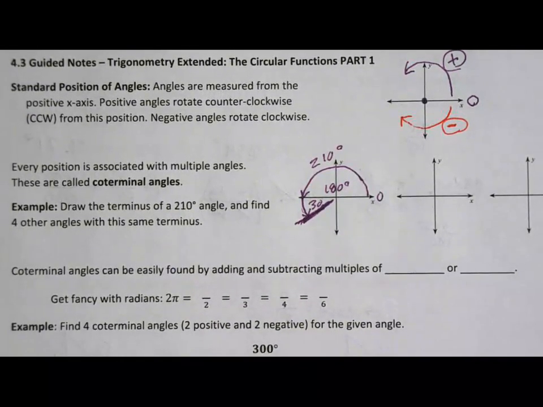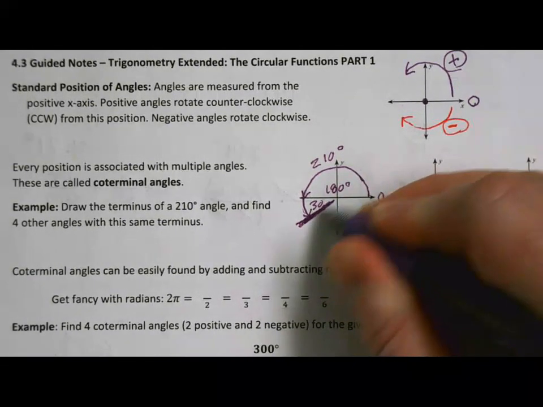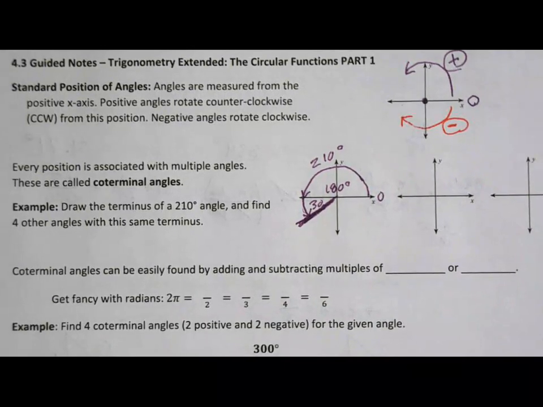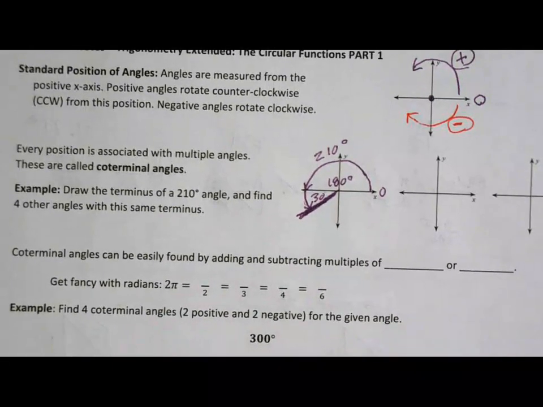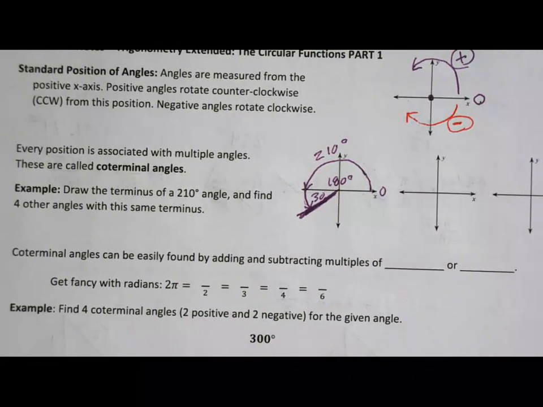That would be the terminus of that angle. So if I asked you to find the location of a 210 degree angle, you would draw that line. 0 degree angle, again, is at the positive x-axis. 210 would be here. All right.